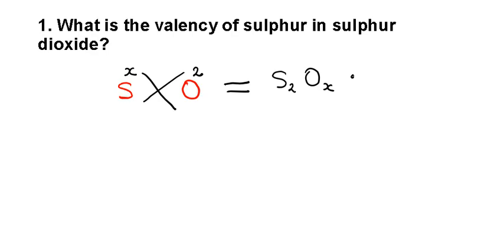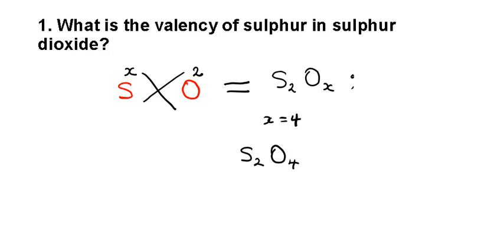We can start testing X equals 1, 2, 3. Let us assume that X is equal to 4. So we have X2 O4, meaning we have replaced X with 4.